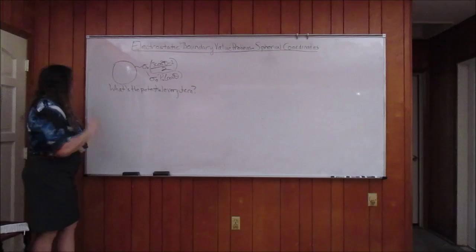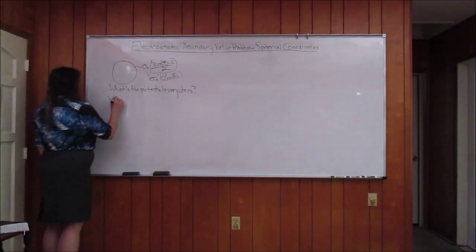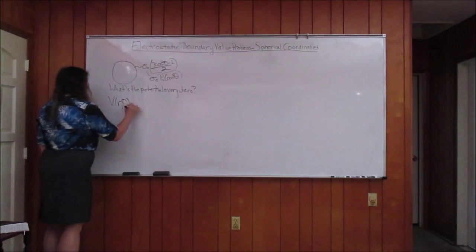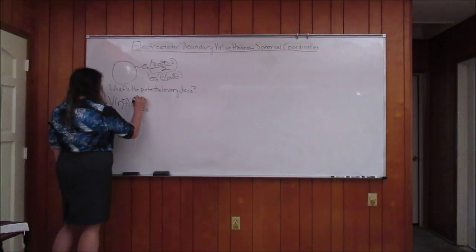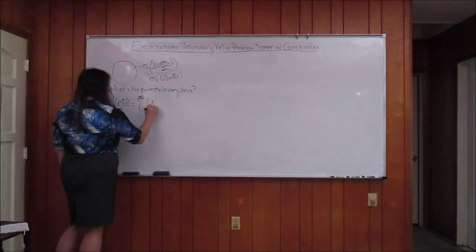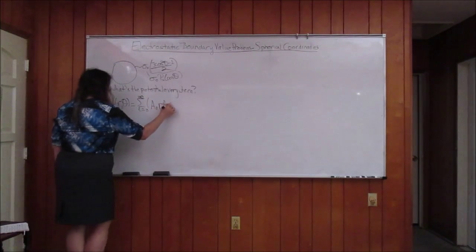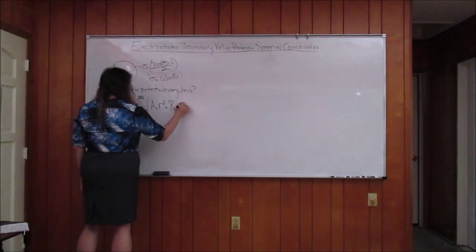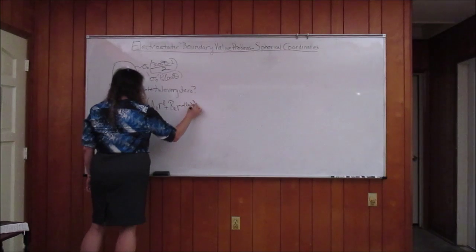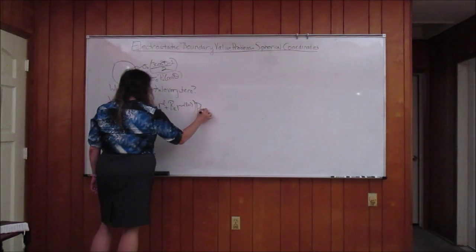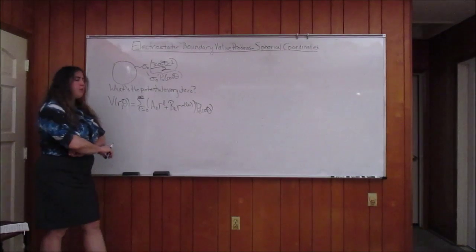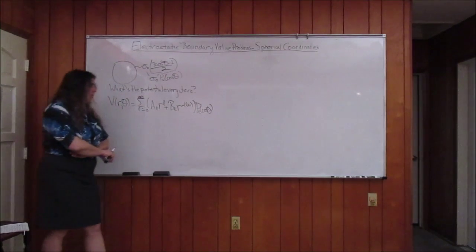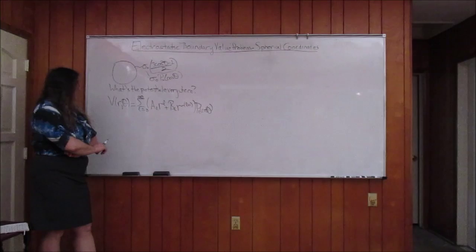Okay? I'm going to write down the general expression for the potential is equal to summation L equals 0 to infinity, A sub L r to the L plus B sub L r to the minus (L plus 1), P_L cosine theta.